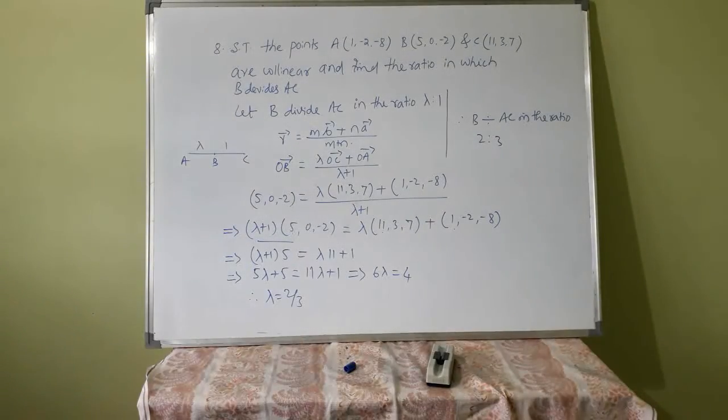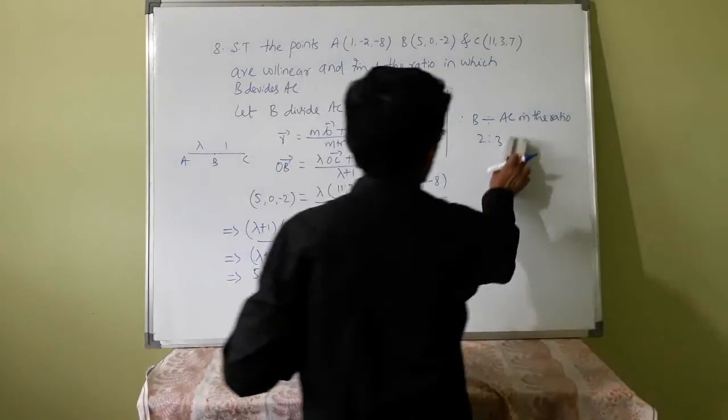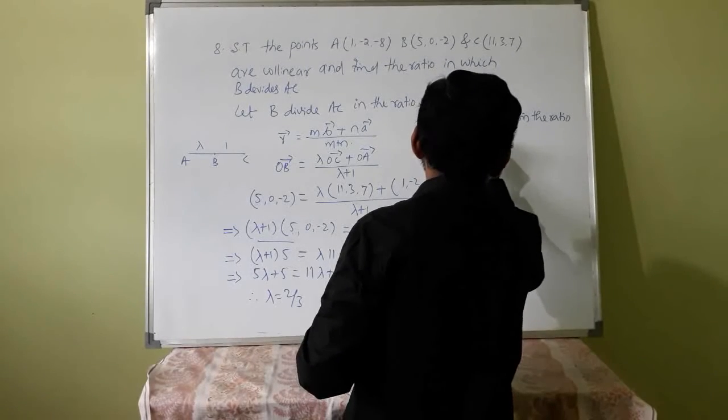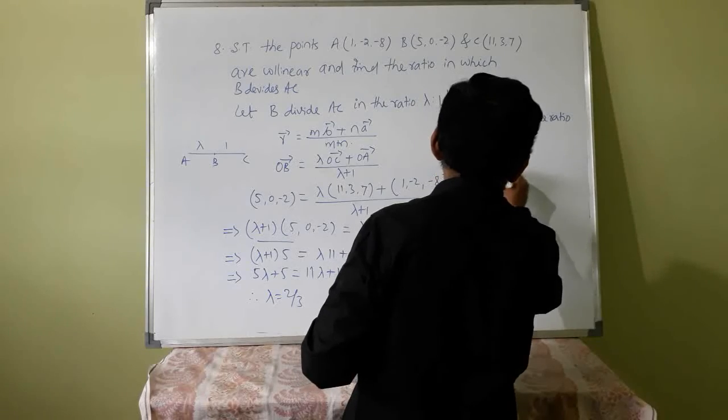Okay, 2 by 3 is to 1, that is 2 is to 3.